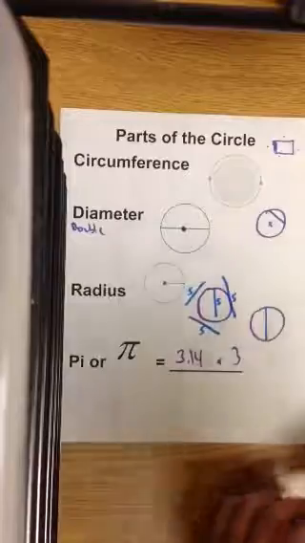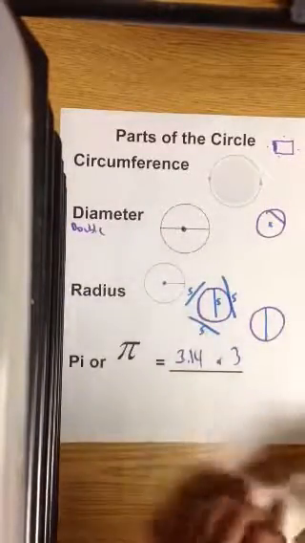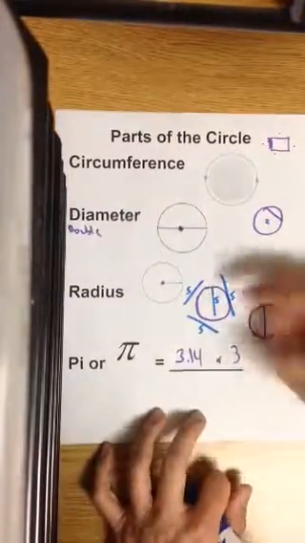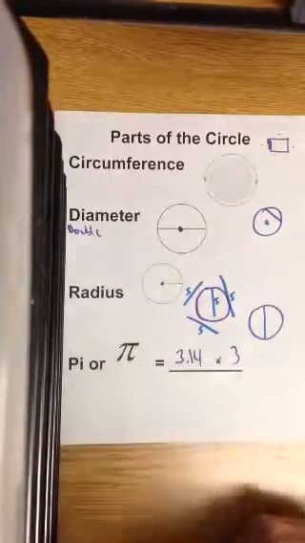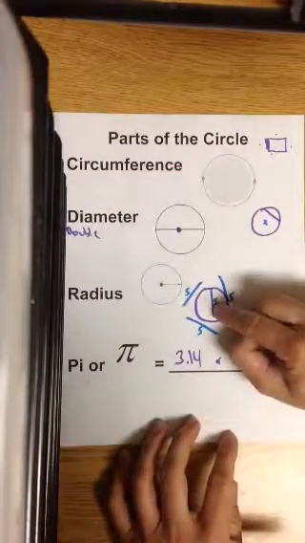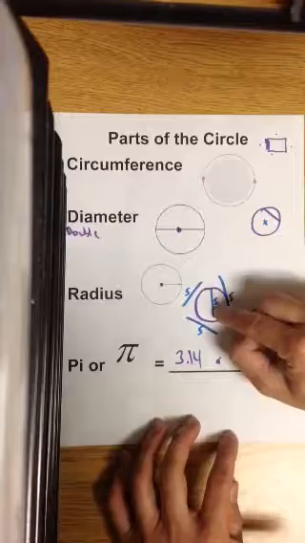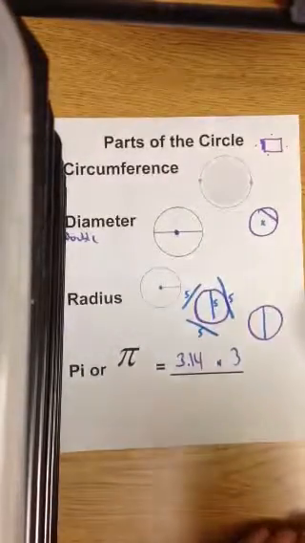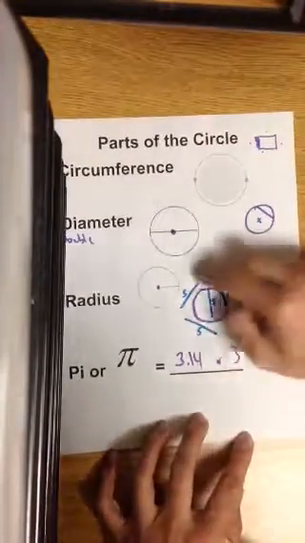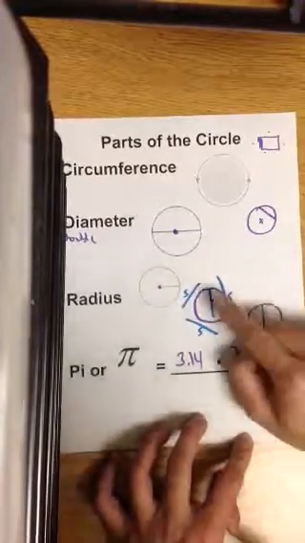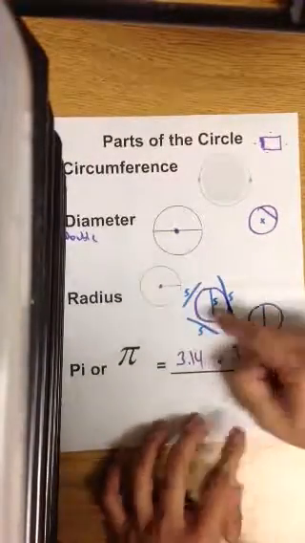So the circumference will be about 15 centimeters. This is 3 times the diameter. Or another way to say it is the diameter is 1/3 the size of the circumference. It's a third of it. If this is 15 around it, the circumference, you divide it by 3, you'll get 5.